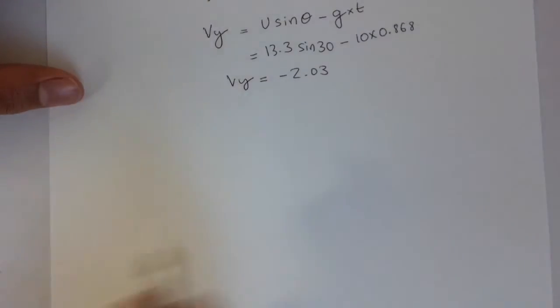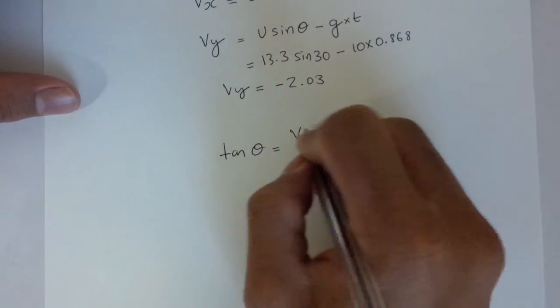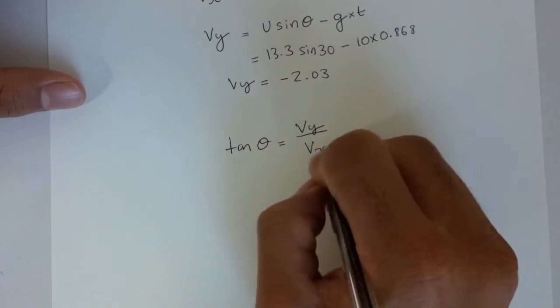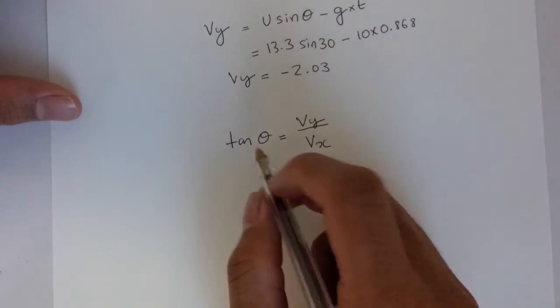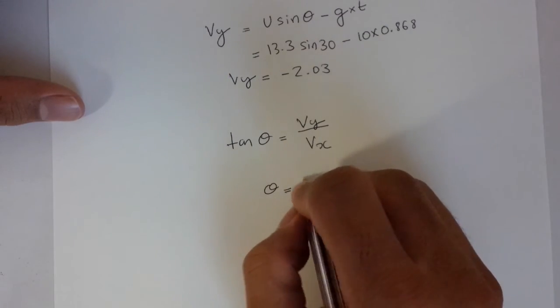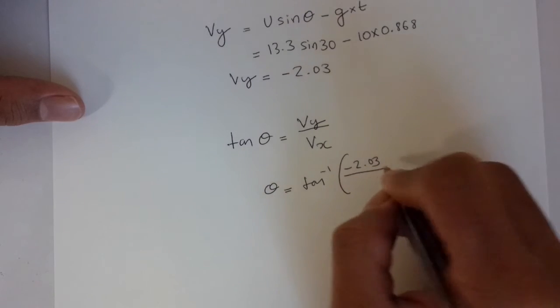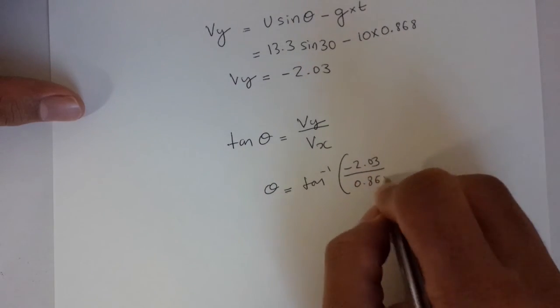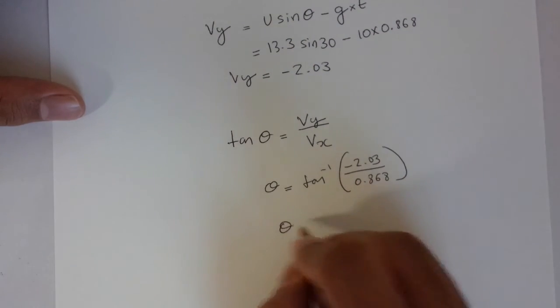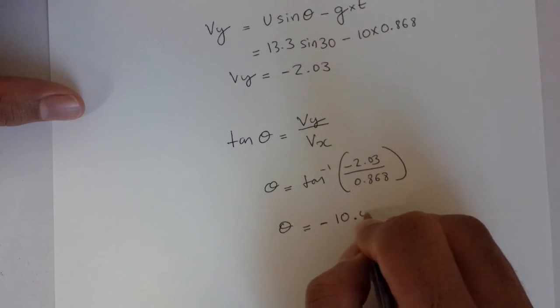To find the angle, we will be using tan theta is equal to Vy by Vx. Simplifying for theta, tan inverse minus 2.03 upon 11.52, you should be getting theta as minus 10.04.